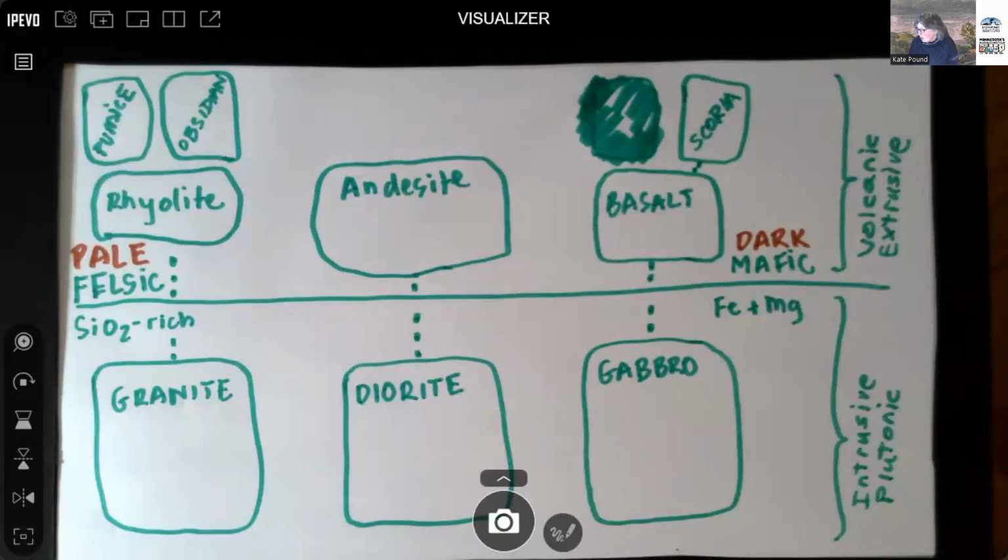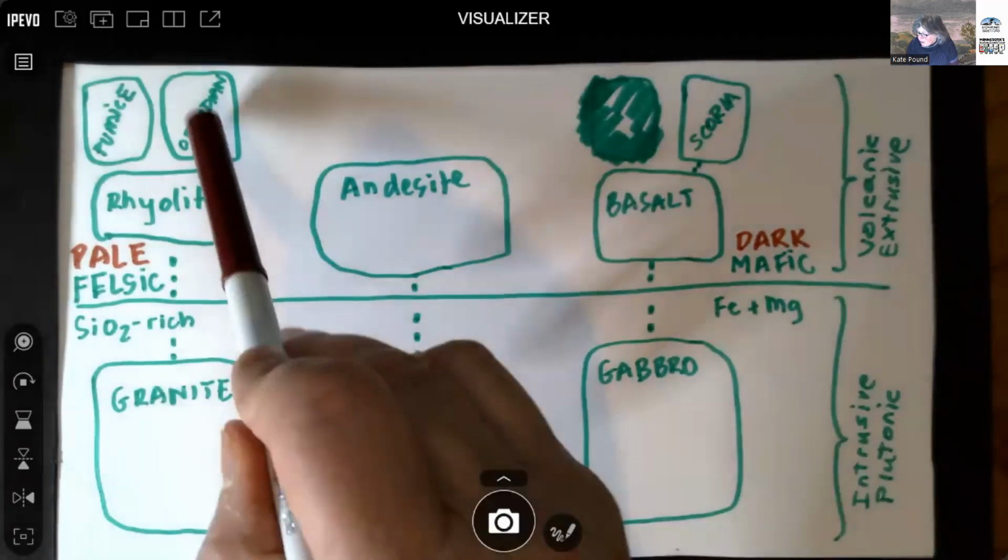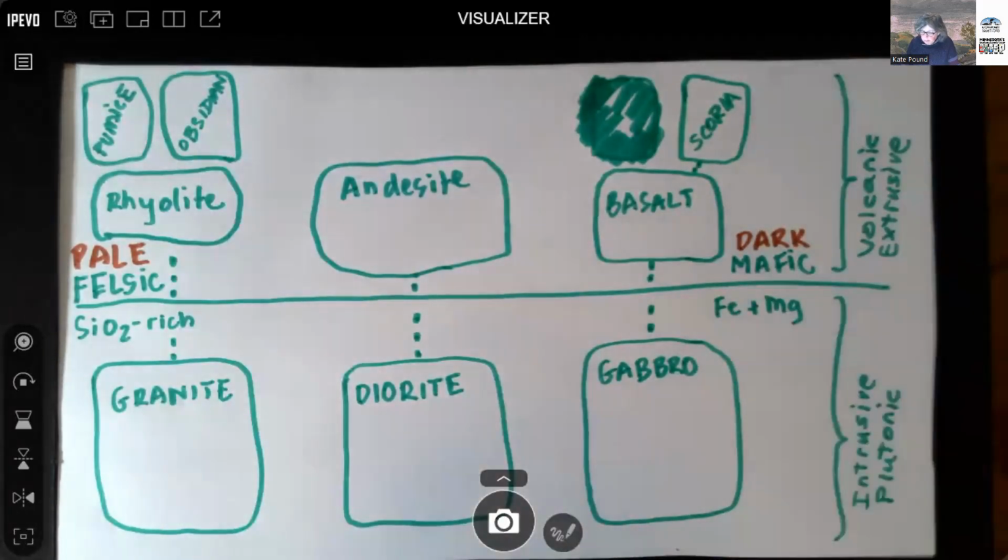You know, we're used to looking at window glass, that is pure silica. Obsidian has a bunch of other elements that are mixed in with it. Now, I'm going to ask you to look at your samples now and see if you can figure out which goes where. So just pause this and see how you do.